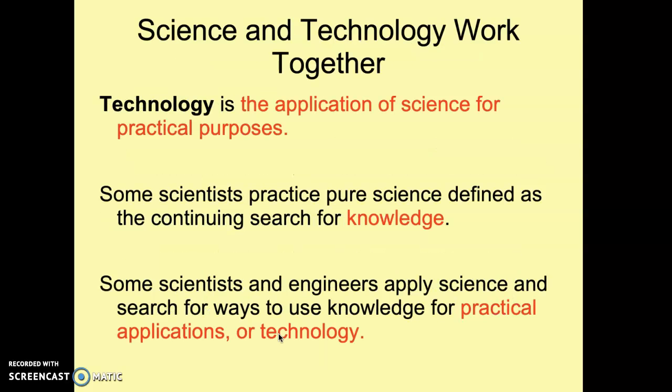So technology, and you only have to write down what's in the red here. Your note should follow along with that. Is the application of science for practical purposes. So some scientists pursue knowledge for knowledge's sake, and some scientists and engineers apply science to be able to practically apply them.